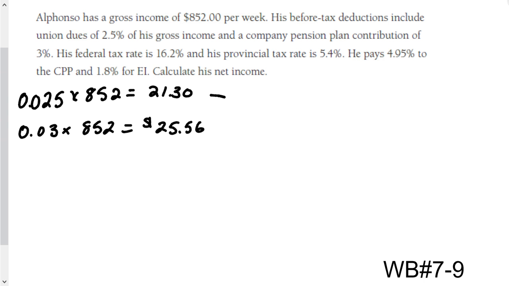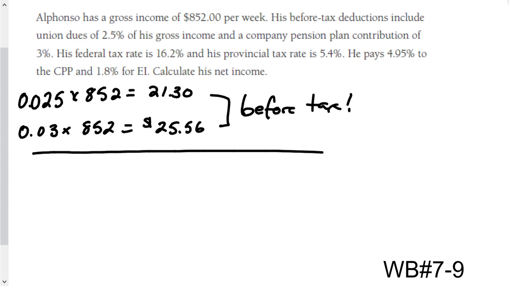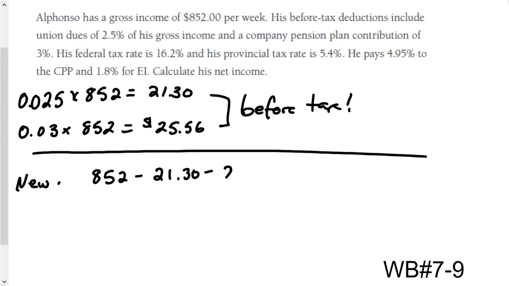Now we subtract. So these are before tax. So now our new value is 852 minus those to give us 805.14.